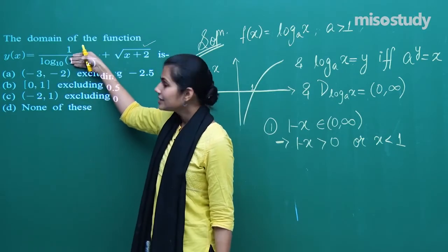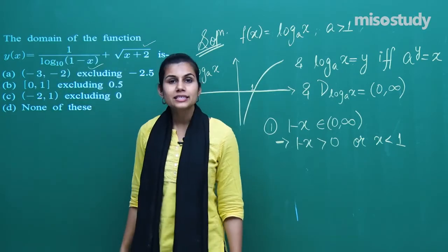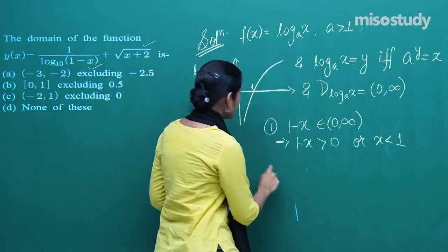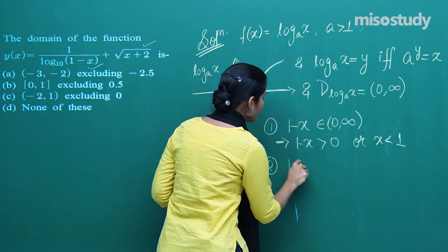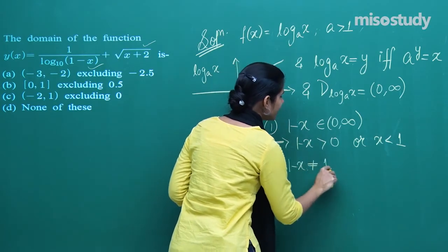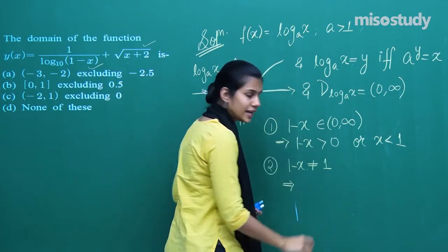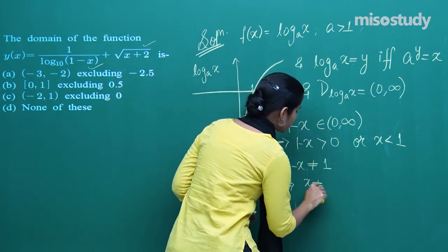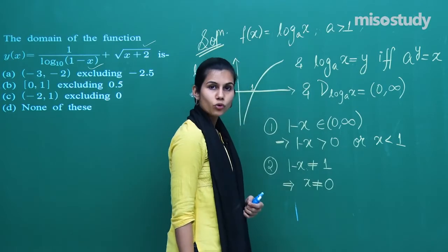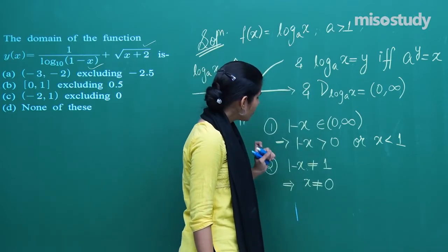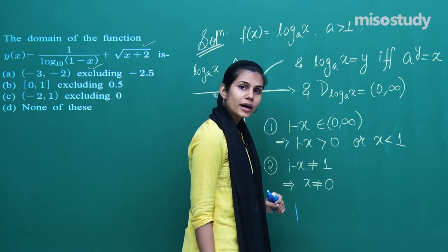Because if 1 minus x is 1, log 1 will be 0 and 1 upon 0 will be an undefined term. So the second condition I want is 1 minus x should not be equal to 1, or I can say that x should not be equal to 0. Because when x is equal to 0, you get 1 minus x equal to 1.